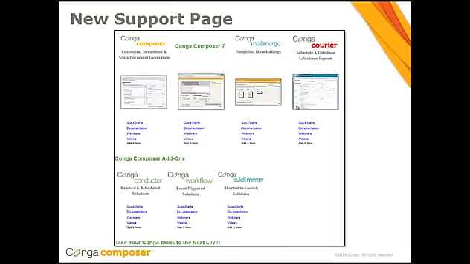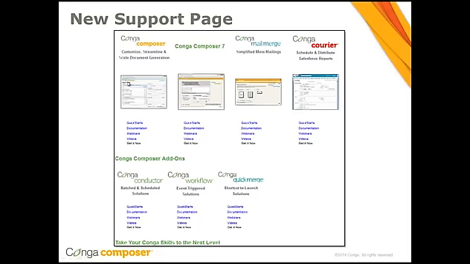Okay, and then lastly, because we now have a couple of different versions of the product, some people might still be on what we call Conga Composer 7, which is anything prior to this Release 8. And now we have the new version, Conga Composer Release 8. We've tweaked our website a bit. I wish I could show this to you live and in person, but we are not launching this until Monday when we have the launch, and it makes sense that people can pick which product they're using.